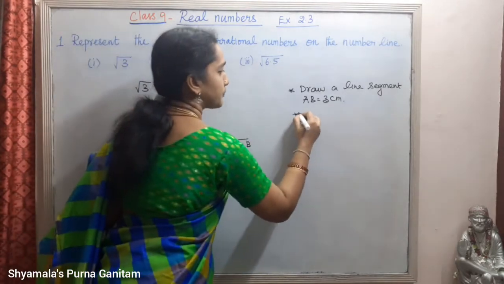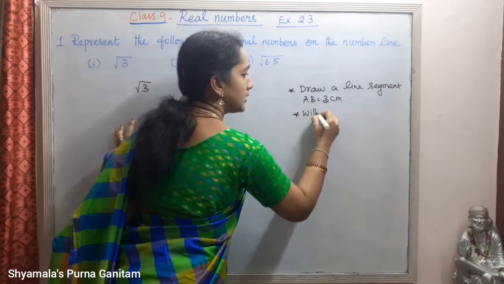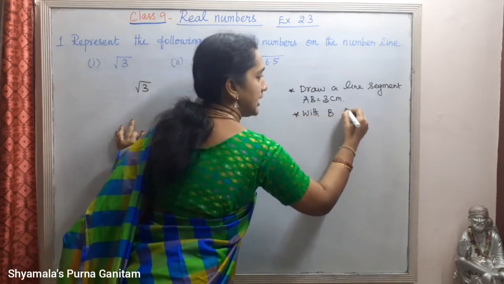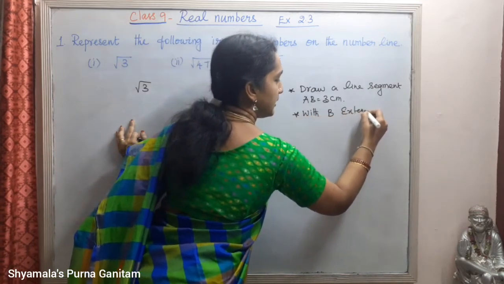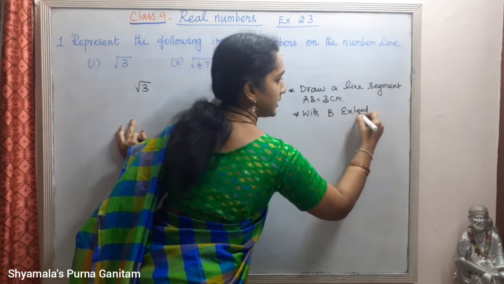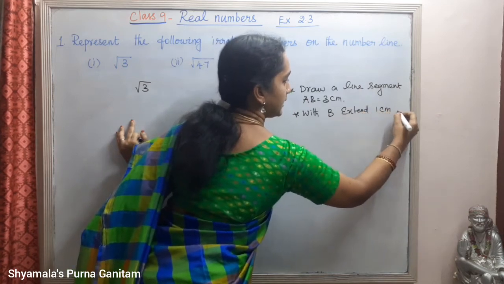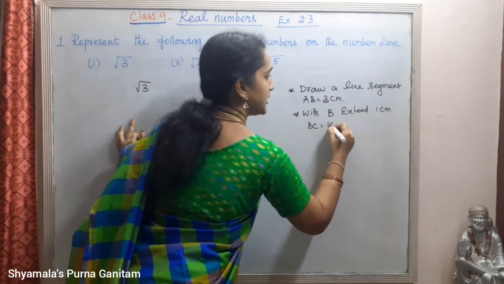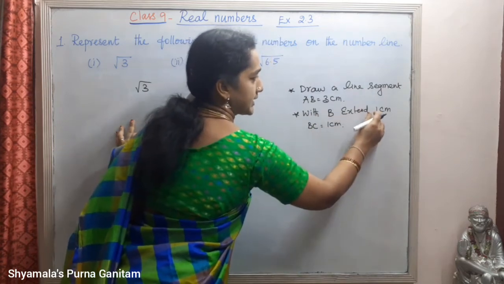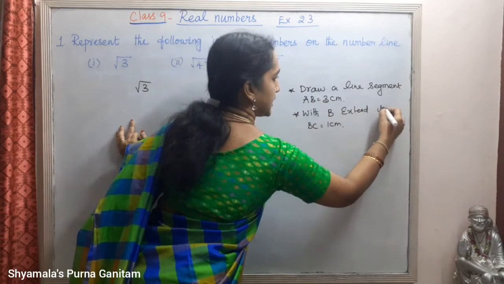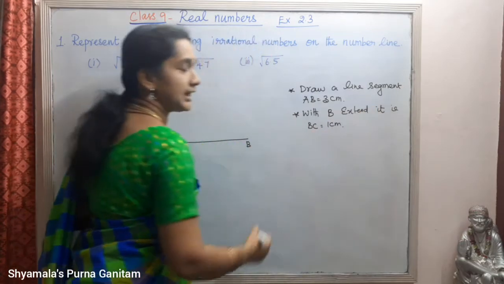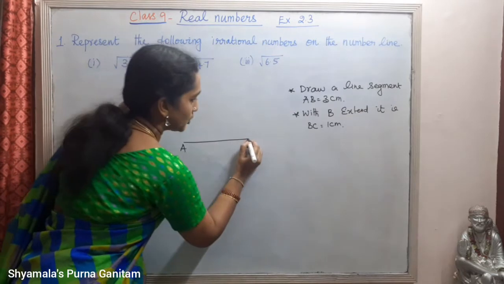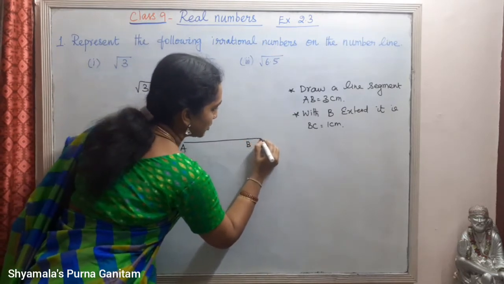Then, from B, extend 1 centimeter, so BC is equal to 1 centimeter. With this point B, you add 1 centimeter.